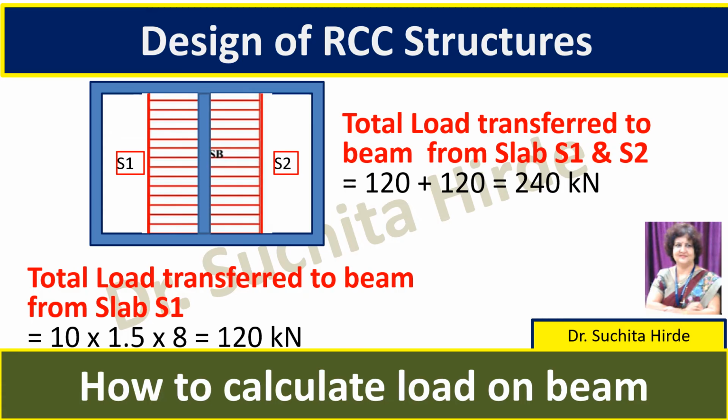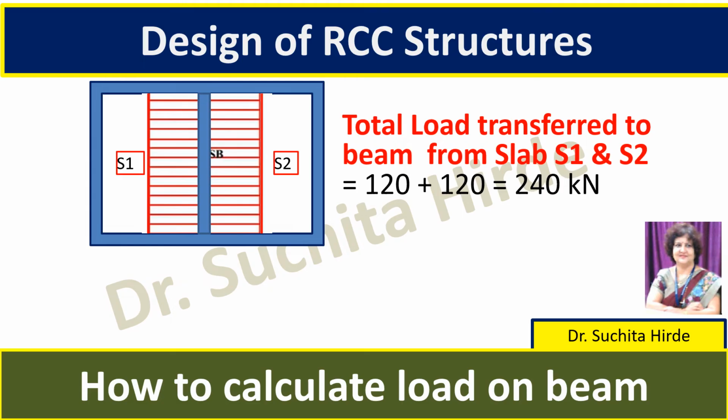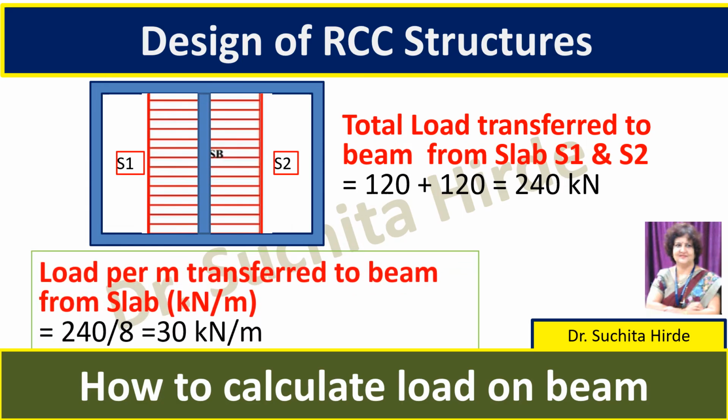But this is the total load. For bending moment calculation, etc., we need uniformly distributed load. So uniformly distributed load on the beam will be 240 divided by 8, which is 30 kilonewton per meter.